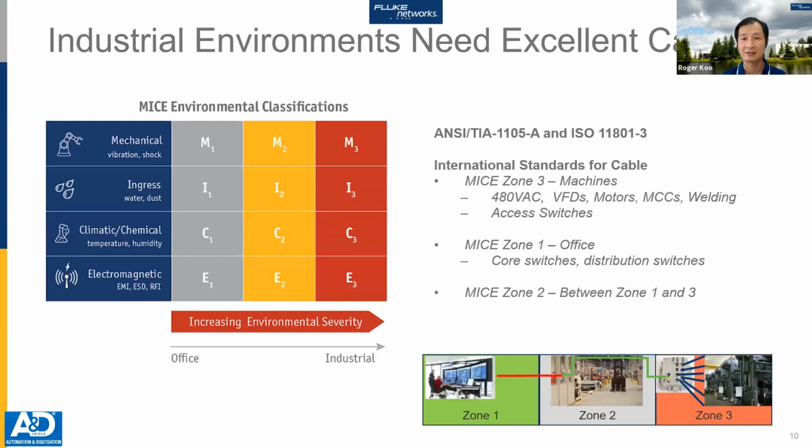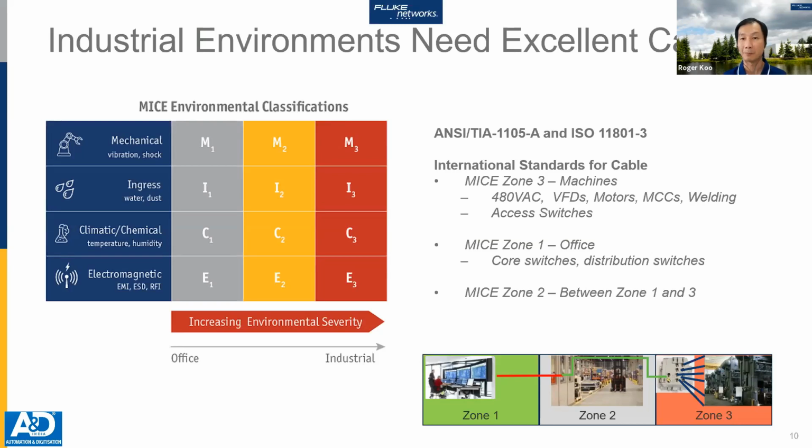Standards organizations recognize a need to address the harsh environment that can cause intermittent network problems by creating the TIA 1105-A standard and the ISO 11801-3 standards.